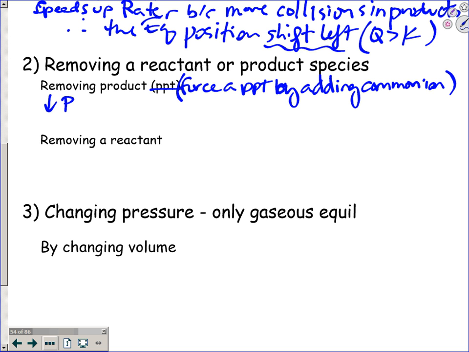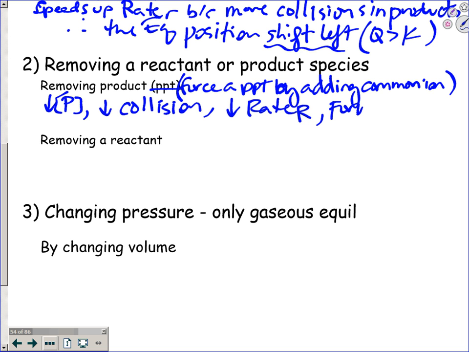So decreasing product concentration decreases the collisions, therefore decreases the rate of what? The reverse direction, right? So eventually the forward reaction will occur naturally at a higher rate than the reverse because there's not enough collisions for the reverse reaction.